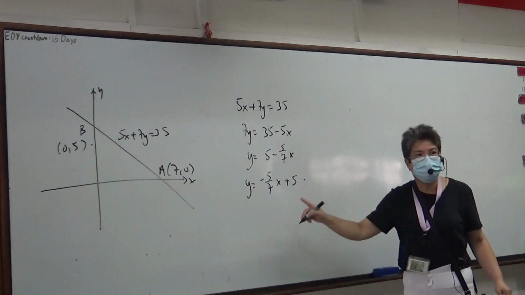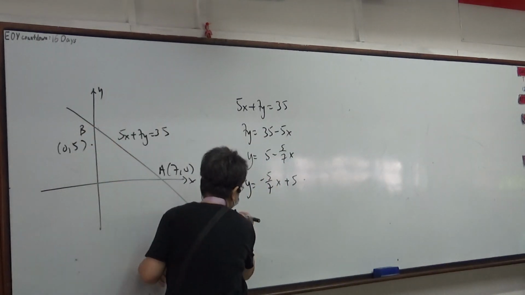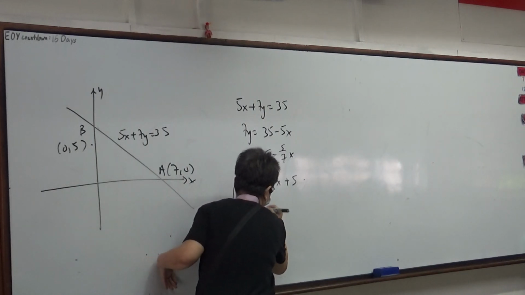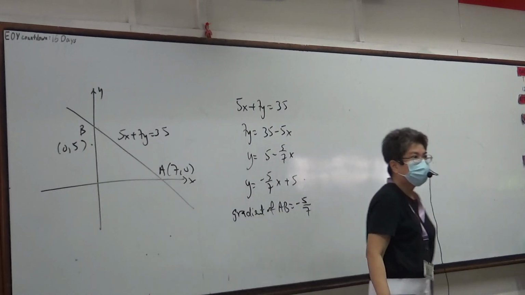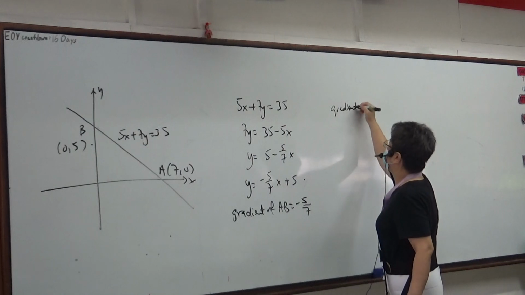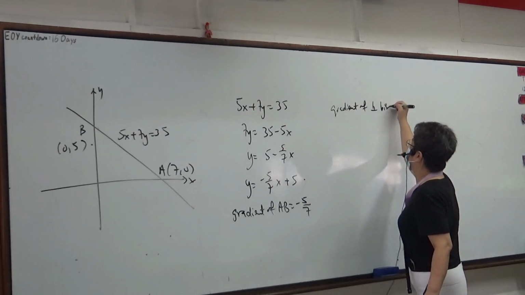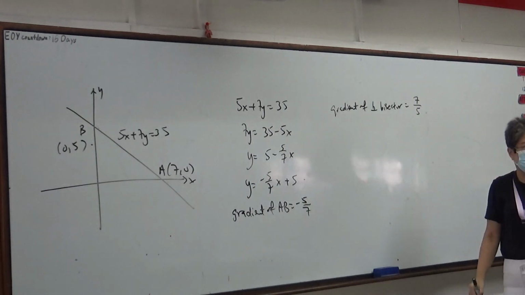So, this is the equation of this line. That means, what is the gradient of AB? Negative 5/7, right? Correct. What is the gradient of the perpendicular bisector? It will be 7/5, right?